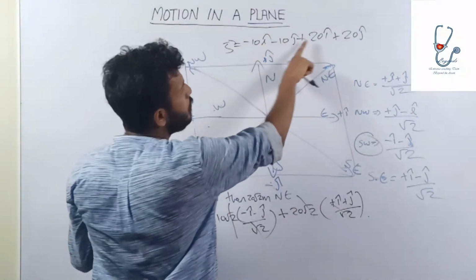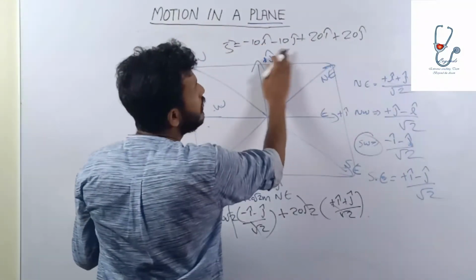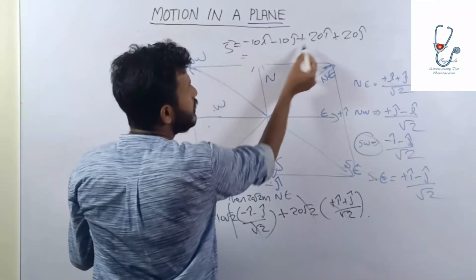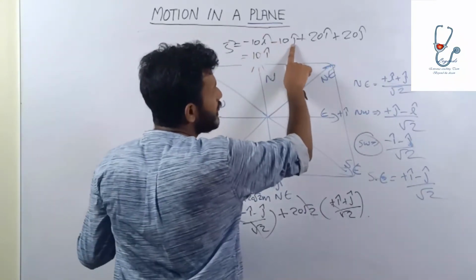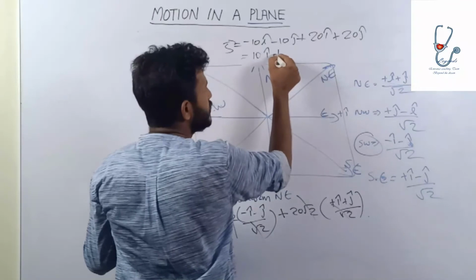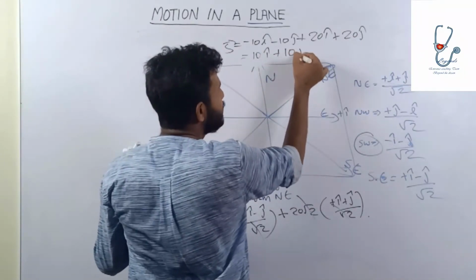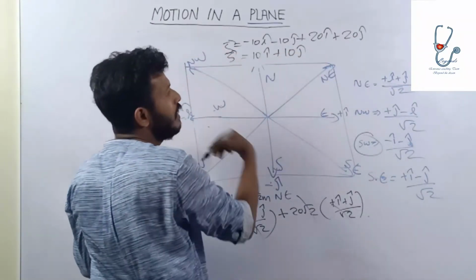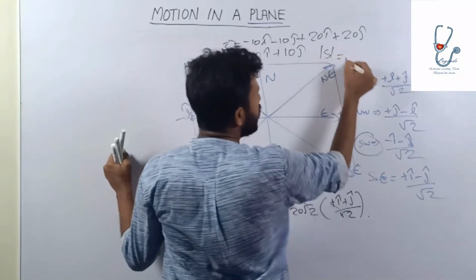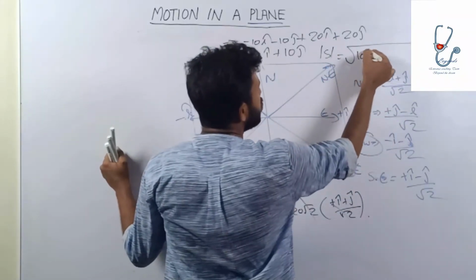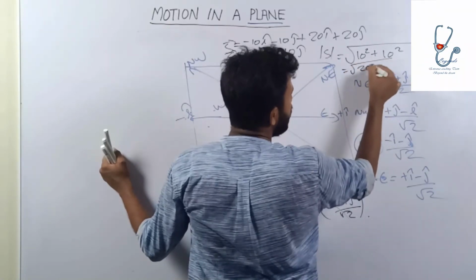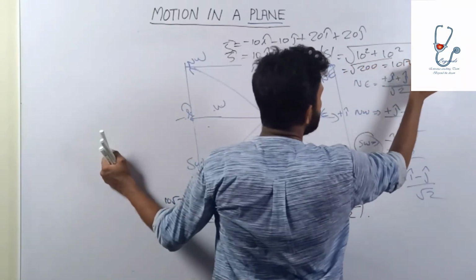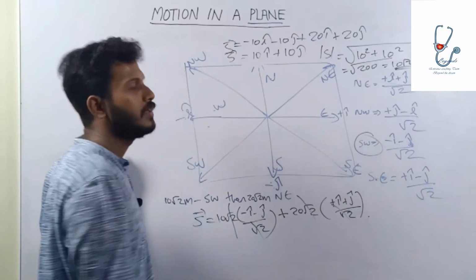Minus 10 I cap plus 20 I cap, the resultant is 10 I cap. Minus 10 j cap plus 20 j cap, the resultant is plus 10 j cap. This is vector S. What is the modulus? Root of 10 square plus 10 square, that is root 200, that is 10 root 2. Ready? That is the answer.